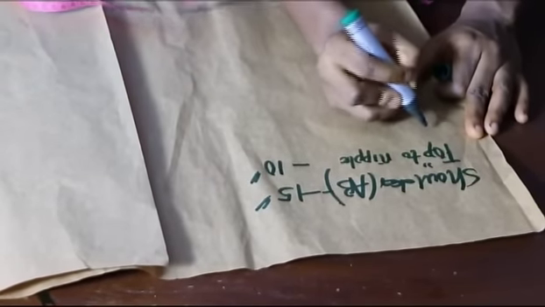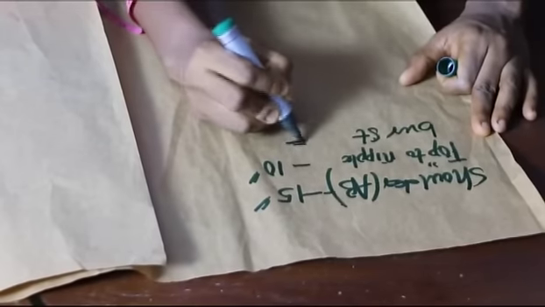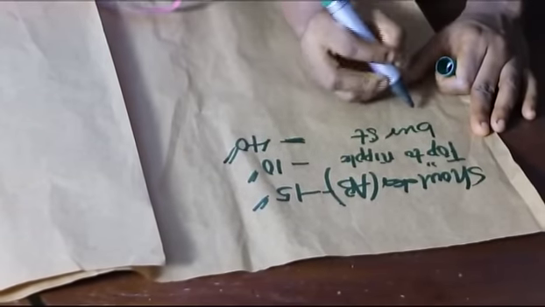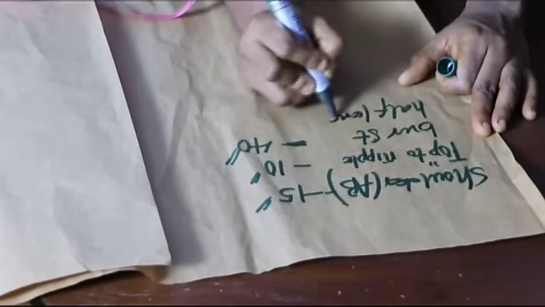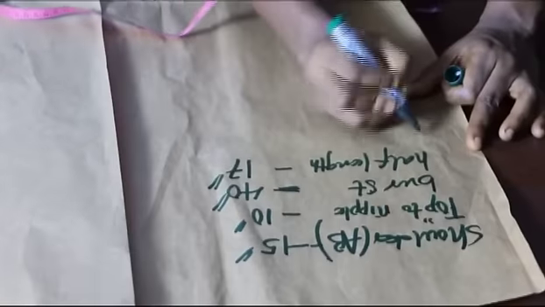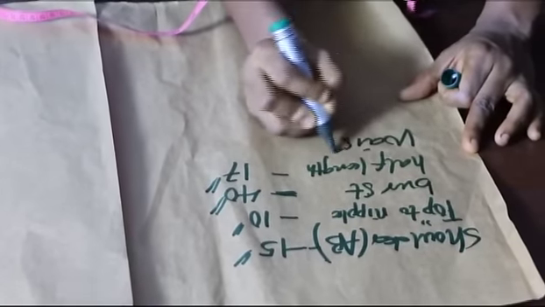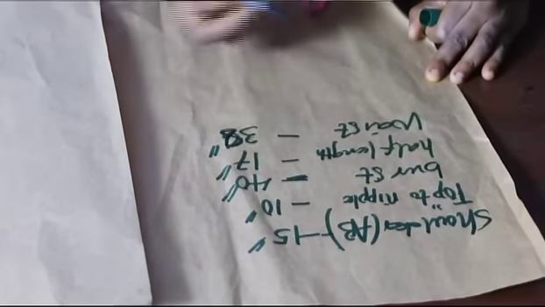Then I'll be using the bust, 40 inches. I'll be using half length, 17 inches. Now I'll be using waist, is your round of your half length. Using waist 38 inches.